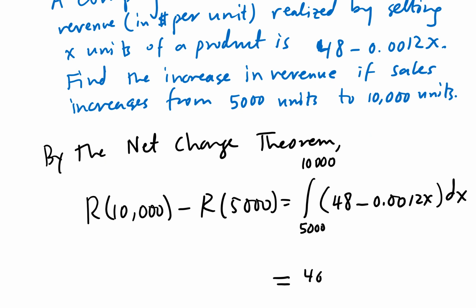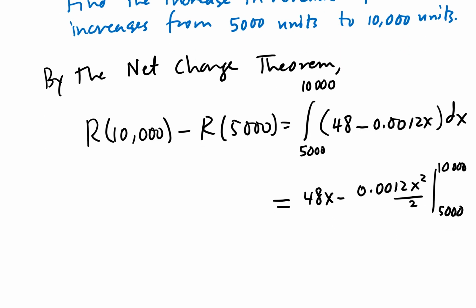So if we integrate this, 48x minus 0.0012x squared over 2 from 5,000 to 10,000. And then when you do the calculations, we got 195,000.